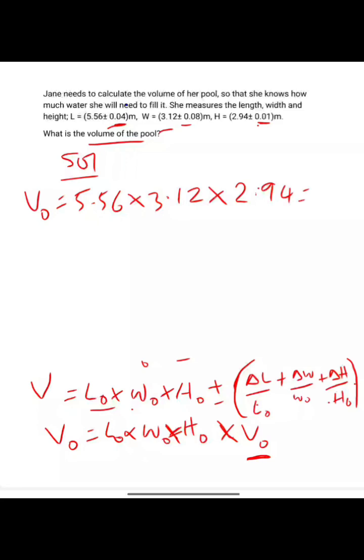If you multiply this, you're going to have 51. So our V sub 0 is 51.